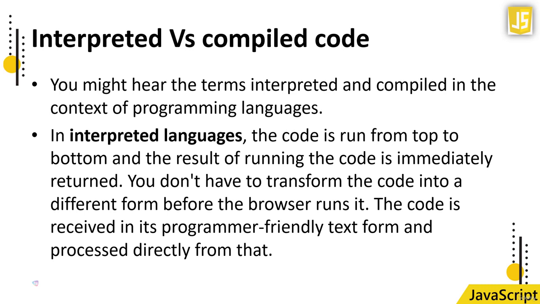In interpreted languages, the code runs from top to bottom and you get the result of running the code immediately. You don't have to transform the code into different languages, such as an intermediate IL language, byte code or binary code. The code is received as programmer-friendly text and processed directly in the browser, and it is displayed there itself. That is called an interpreted language.